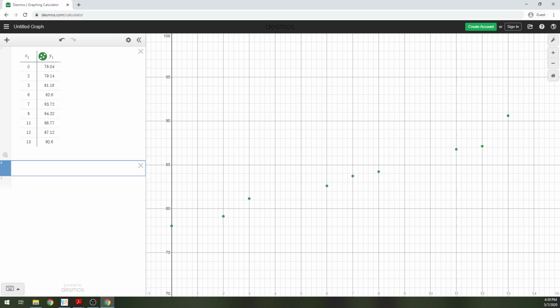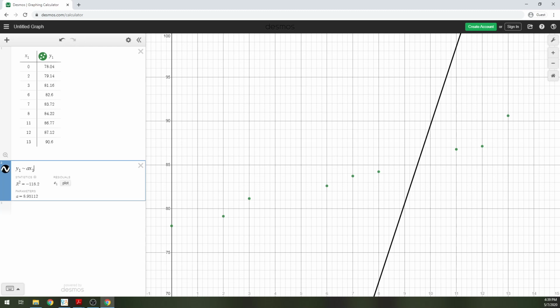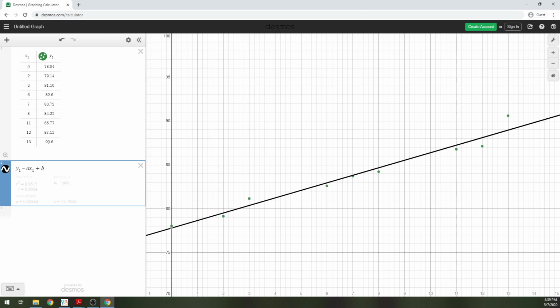So how do we do that? We're going to go y_1. Notice that Desmos immediately recognized that as our distances, right? The 9 element list. We're going to go out of subscript mode, and then tilde, and a x_1, and then out of subscript mode plus b.